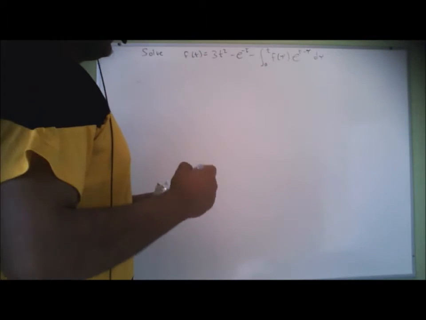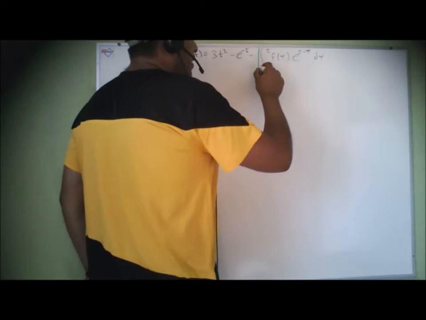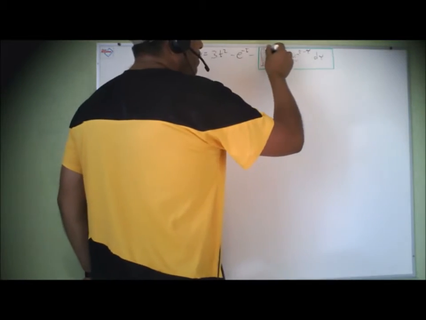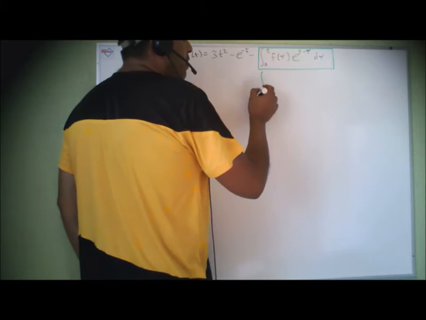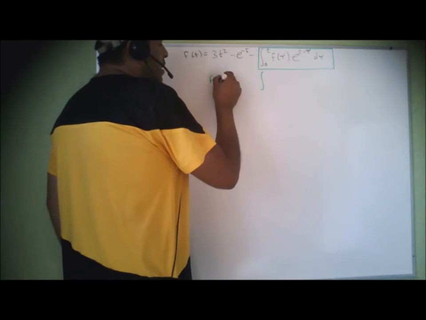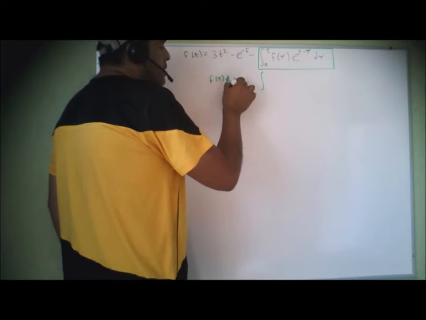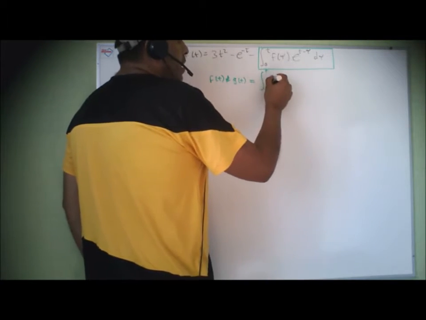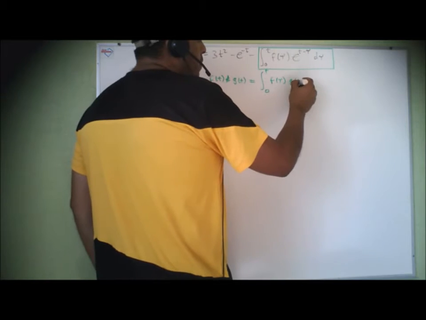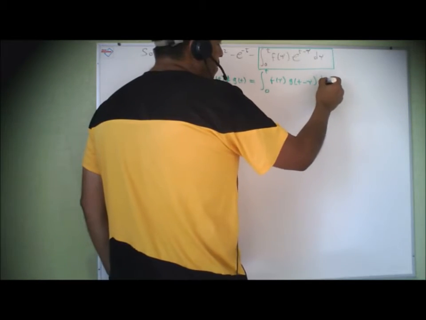The first thing to realize is that this part is actually the definition of the convolution. Let me remind you the definition. The convolution of f of t with g of t is equal to the integral from 0 to t of f of tau g of t minus tau d tau.